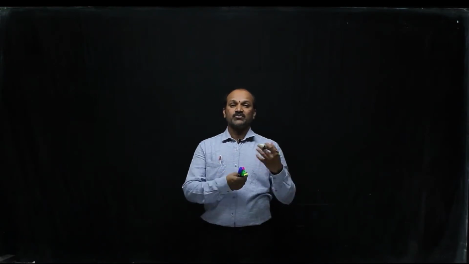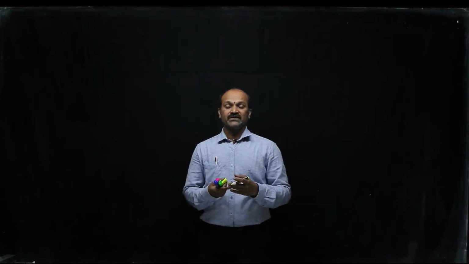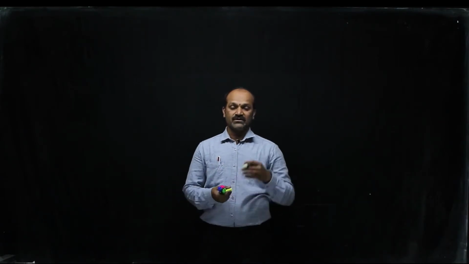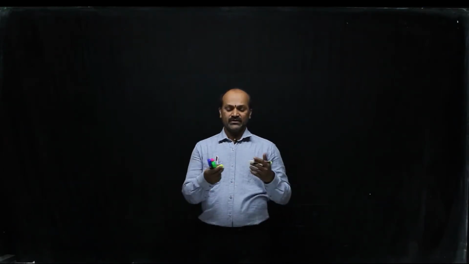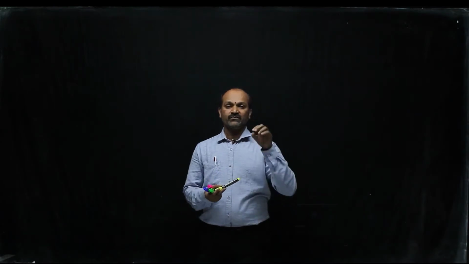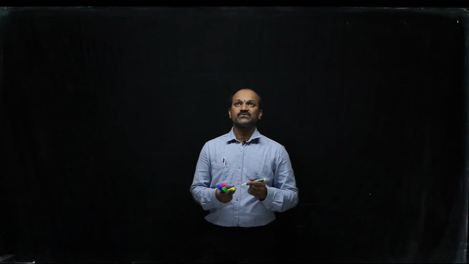How much part of the wave is transmitted and how much is reflected, and their coefficients, the reflected amplitude coefficient and the transmitted amplitude coefficient. That depends on the material we take, that is, their impedance.